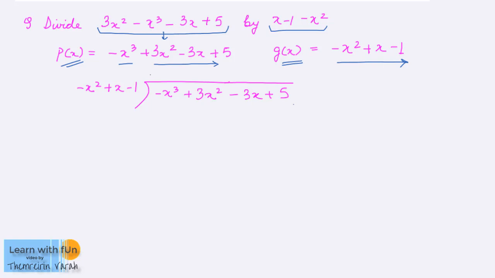Then x into minus x square gives minus x cube.